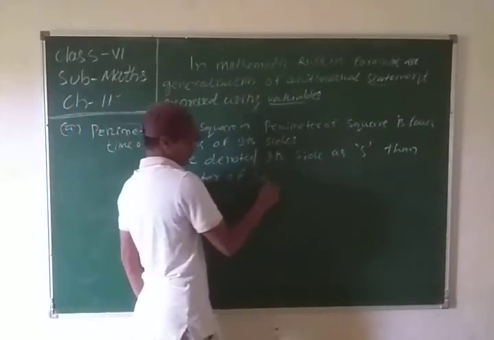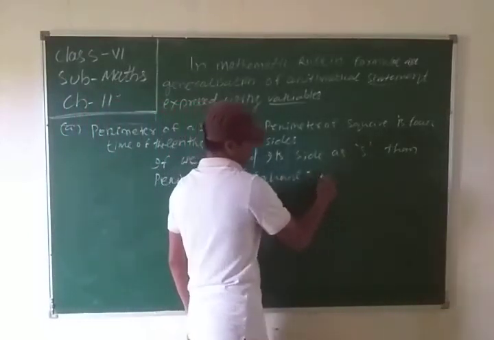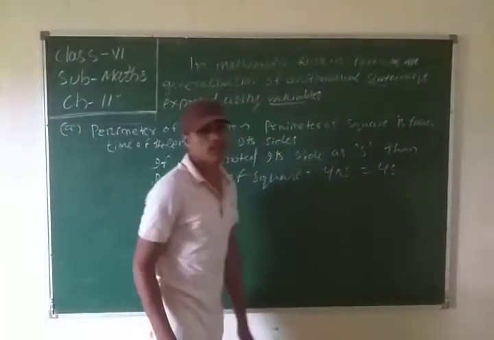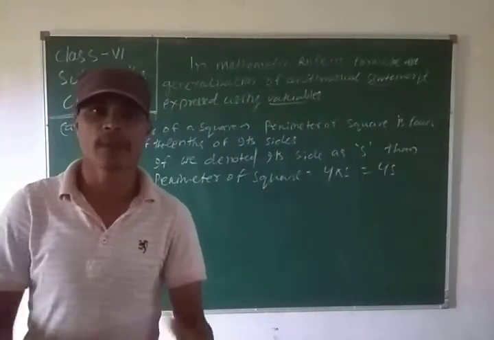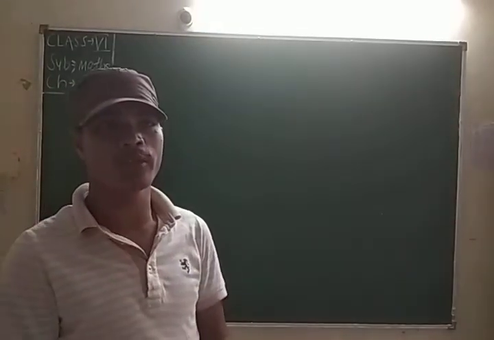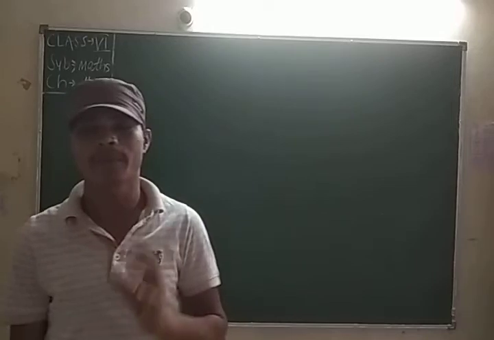The perimeter of a square equals 4 into S, which is 4S. Clear about this? That is how we find the perimeter of a square, from the words to the variable form.